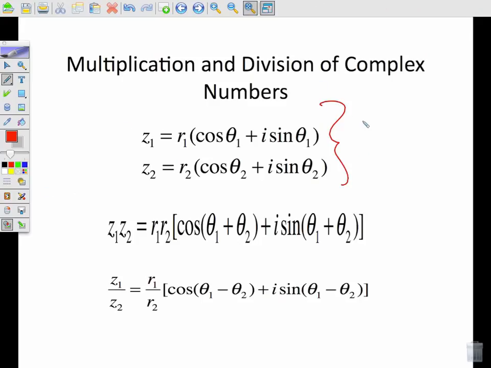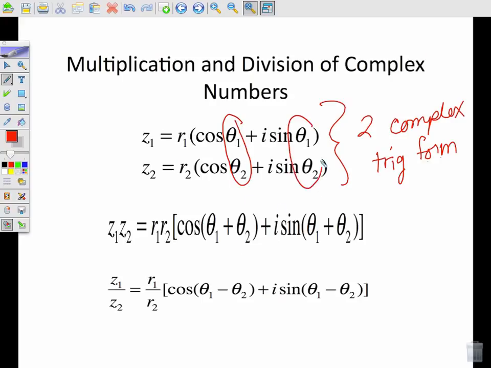Here, these are two complex numbers, written in trig form, and we've got a formula for the multiplication of those two. You multiply the r's together, r1 times r2. Then you add the angles: cosine of theta 1 plus theta 2, plus i sine of theta 1 plus theta 2.